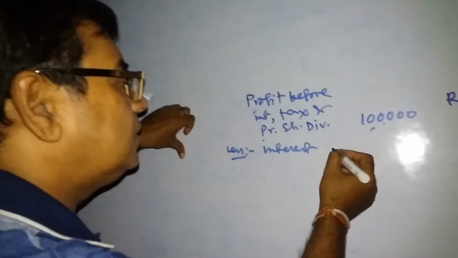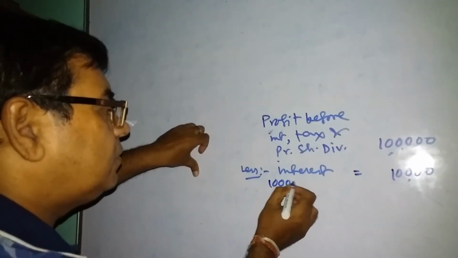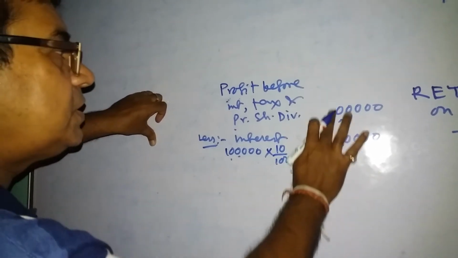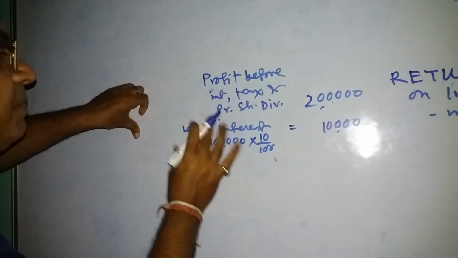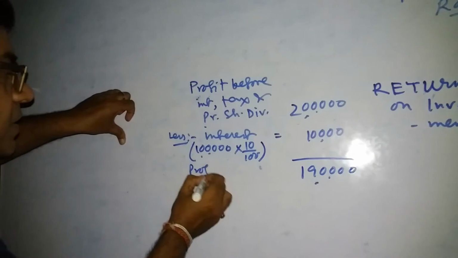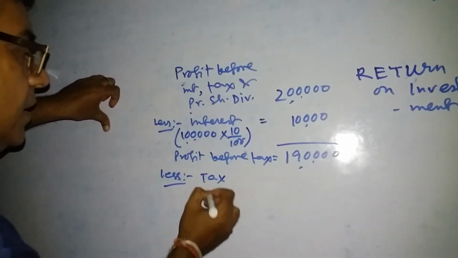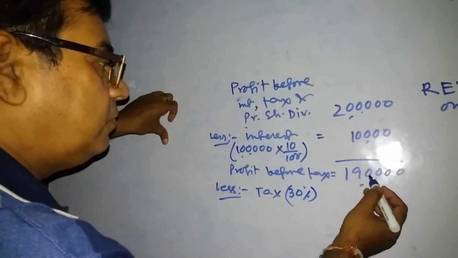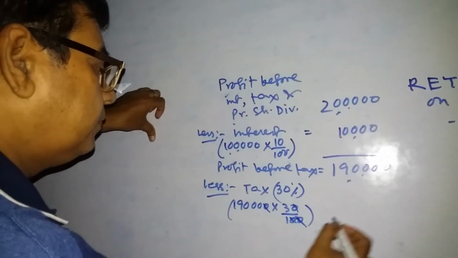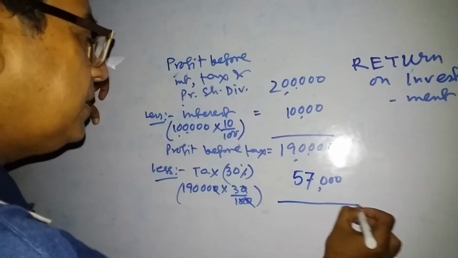Suppose 1 lakh is the debenture amount and 10% was the interest rate, so the calculated interest is 10,000. Minus that, it comes to 1,90,000. This is called profit before tax, because tax has not yet been paid. Suppose the government tax is 30%, so 30% is calculated on 1,90,000. 57,000 is the tax paid to the government.